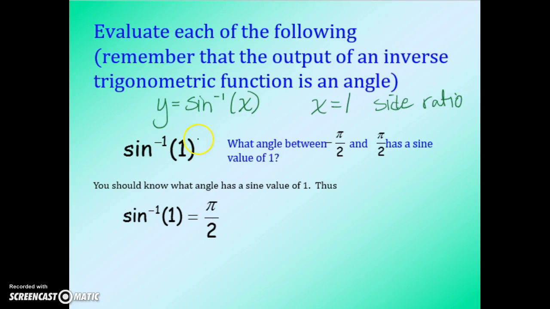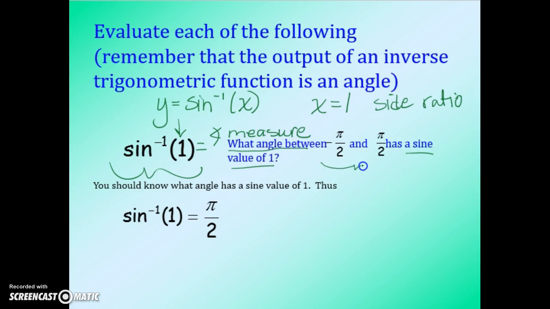The answer to this question is going to be an angle measure. So the easiest way to solve these inverse trig problems is to ask yourself a question. For what angle does sine have a value of 1?